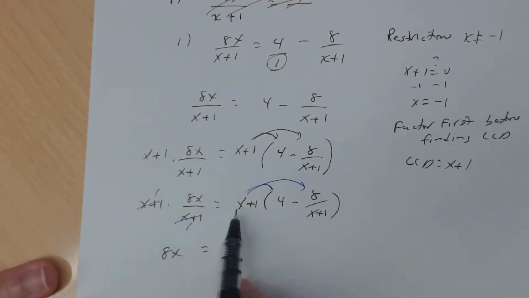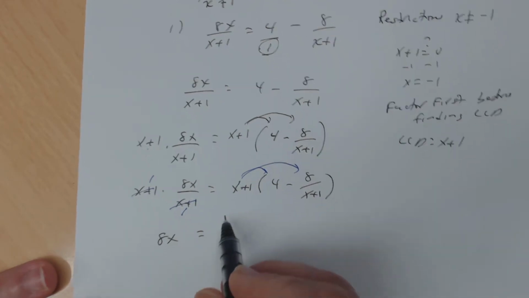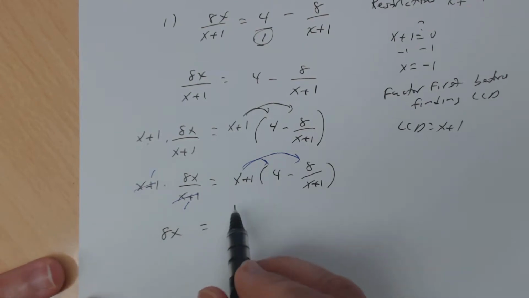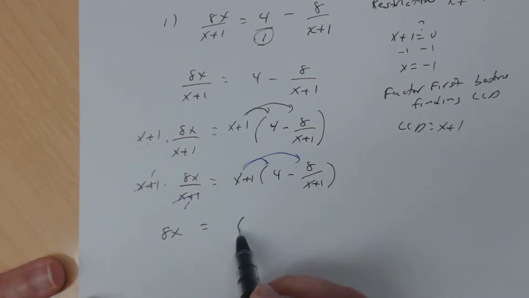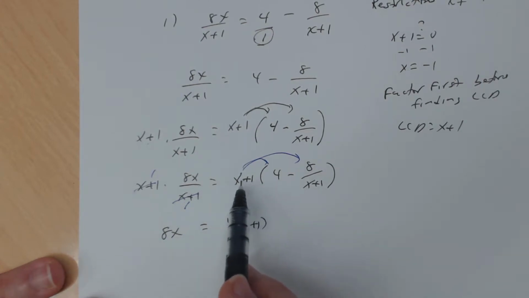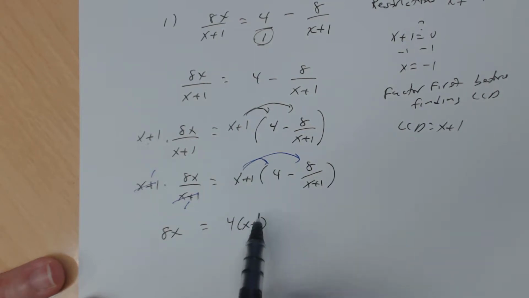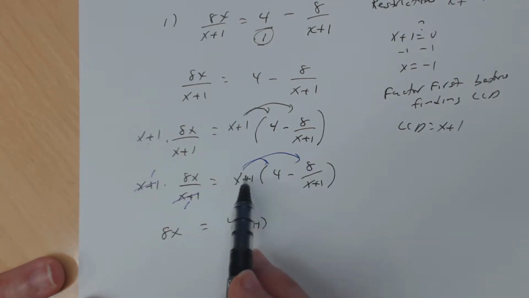All right, now, be careful here. X plus 1 has to be multiplied by 4. So you need to say what's really happened mathematically is this: x plus 1, in parentheses, has to be multiplied by 4. That's what this is. This times this is this. So you need to put that in parentheses, because both the x and the 1 are being multiplied by 4.